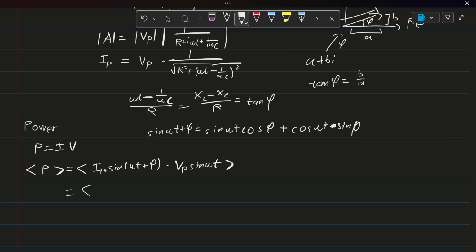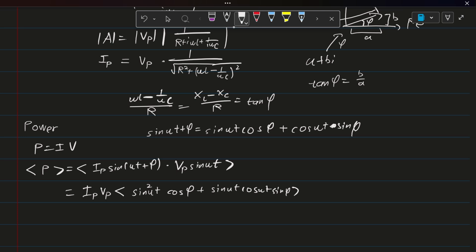So we could just expand this straight away and also remember that Ip and Vp are constants. That means that if you take the average, it will just affect the average linearly. So it will be Ip times Vp at the front, and the average of sine squared omega t cosine phi plus sine omega t cosine omega t sine phi.